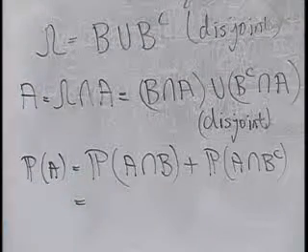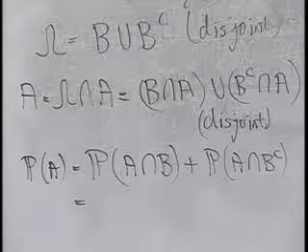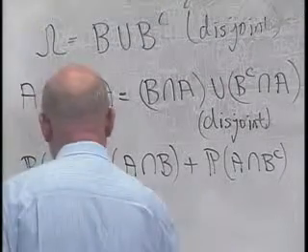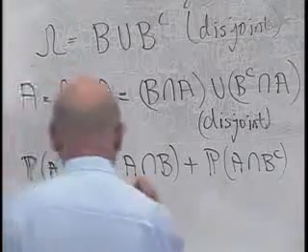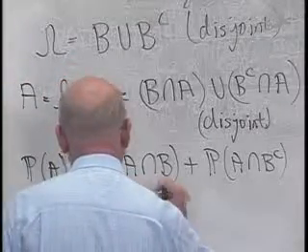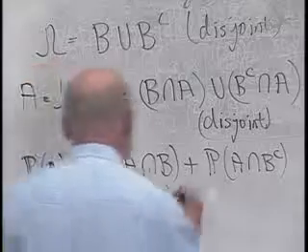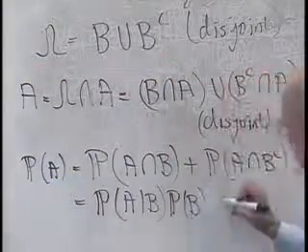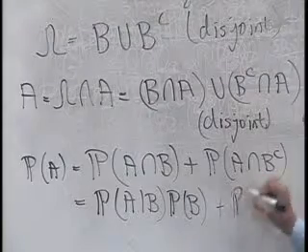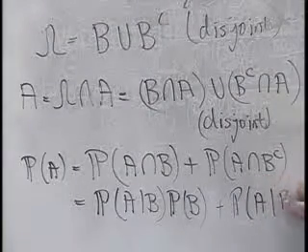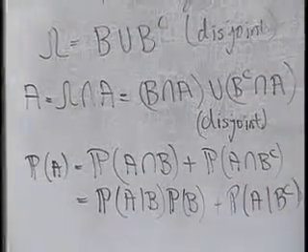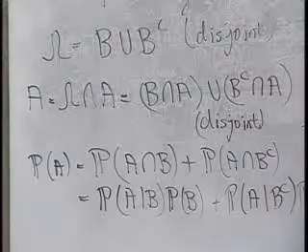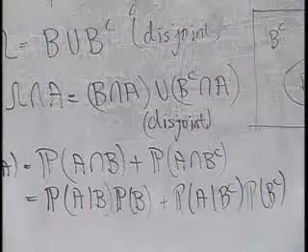And the form in which this is going to be especially useful to us is this. Just by definition, I can write this as the probability of A given B times the probability of B plus the probability of A given B complement times the probability of B complement.